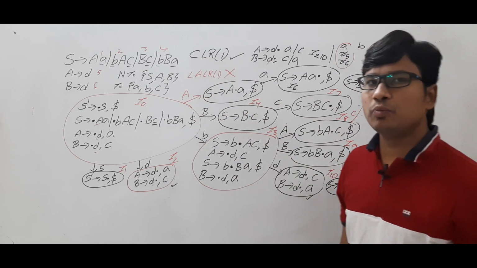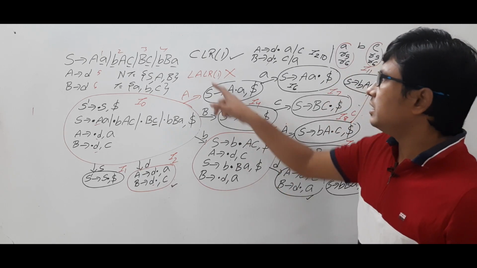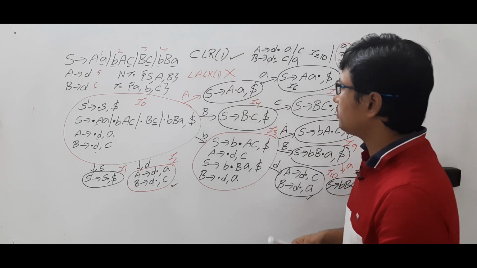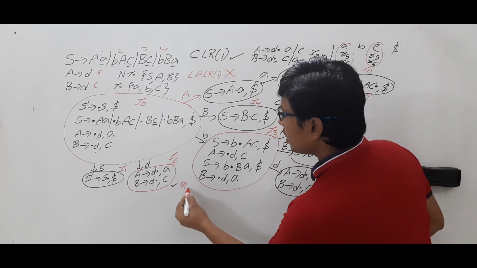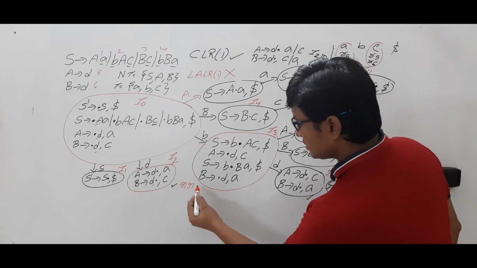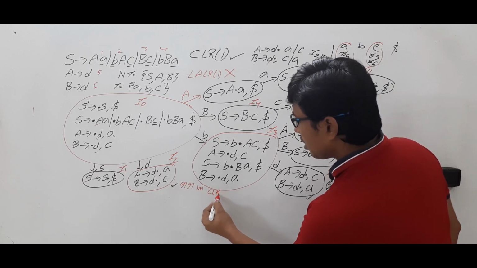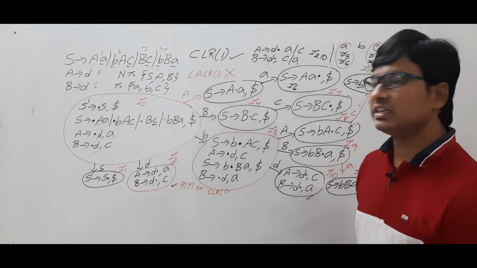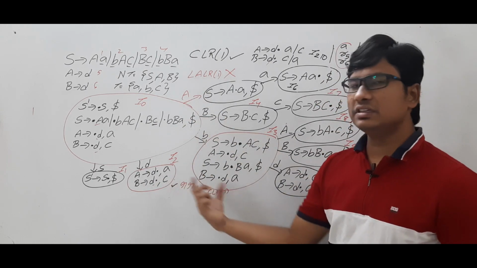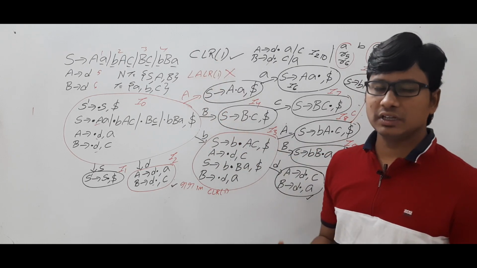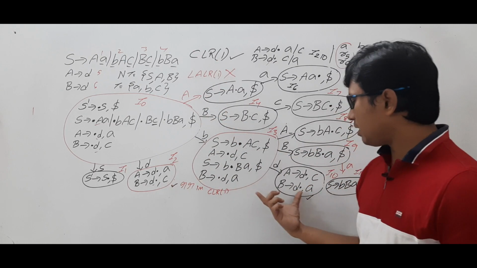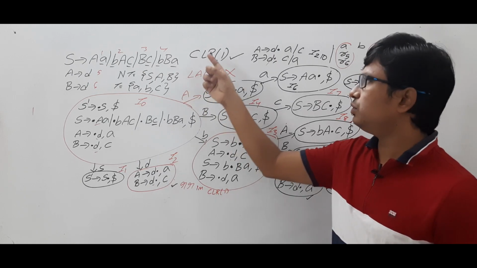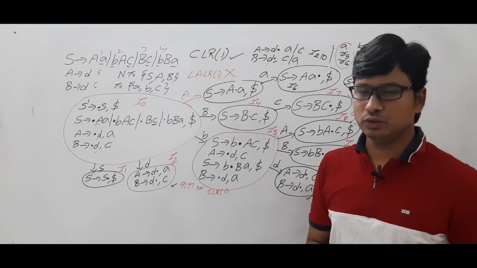And another interesting point I want to say is that even if there are no RR conflicts in CLR1, there is a possibility of RR conflicts in LALR1. With this example, you can see in CLR1 there are no RR conflicts, but when we combine them, there is an RR conflict in LALR1. So this is another important point you should note down.